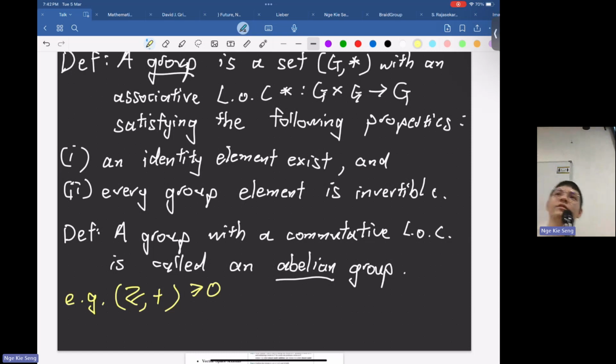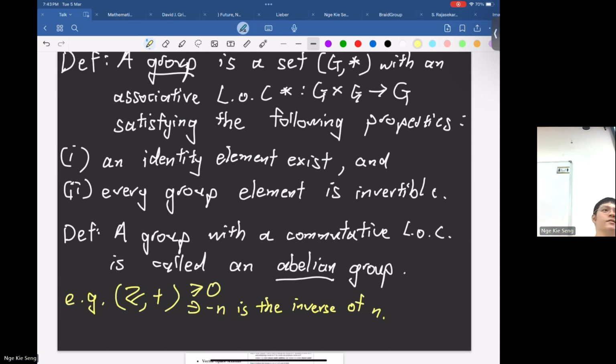How about inverse? Does every element have an inverse or not? If I give you an integer n, what's the thing that you add to it, you get zero? Minus n. Okay, so minus n is the inverse of n. Is it unique or not? Unique, right? Okay.